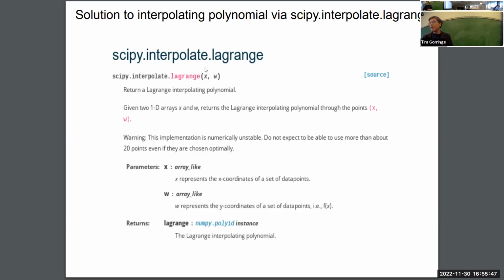In that function, you pass the arguments of your arrays of dependent and independent variables, and it's going to return a polynomial that represents the interpolating function. I'll say more about the polynomial when we get to that point. So this is the third way that we will solve the problem.